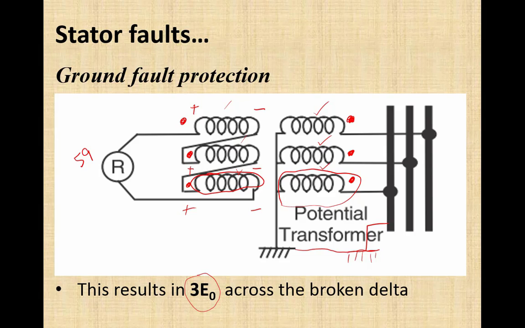Remember that line to ground capacitances were providing a path for the flow of third harmonic current, because due to higher frequency, the capacitive reactance will reduce for third harmonic as compared to fundamental. So third harmonic will get an easier path for the flow through those stray capacitances. Once we remove all those stray capacitances, then the only path for the flow of third harmonic current, or the existence of third harmonic voltage, is this VT.